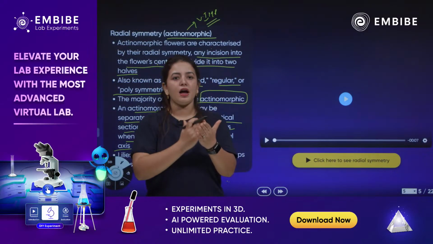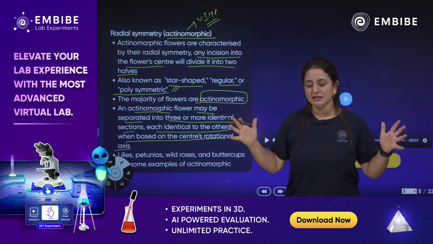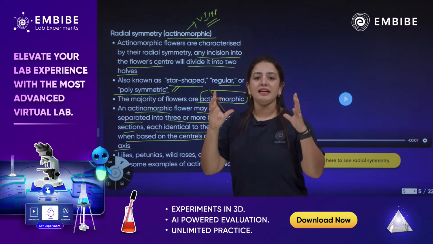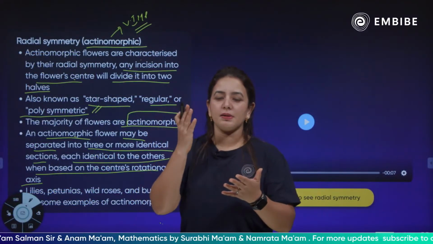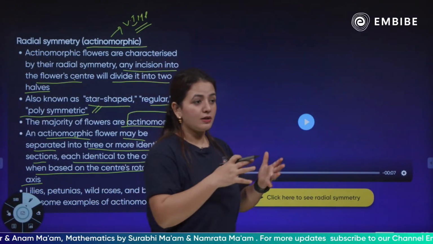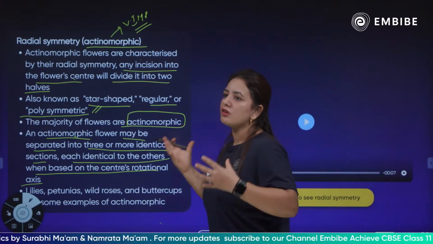If I cut a flower and separate them, I will see all the parts are identical. Not that one is short, one is long, or one is not symmetrical, not appearing symmetrical.